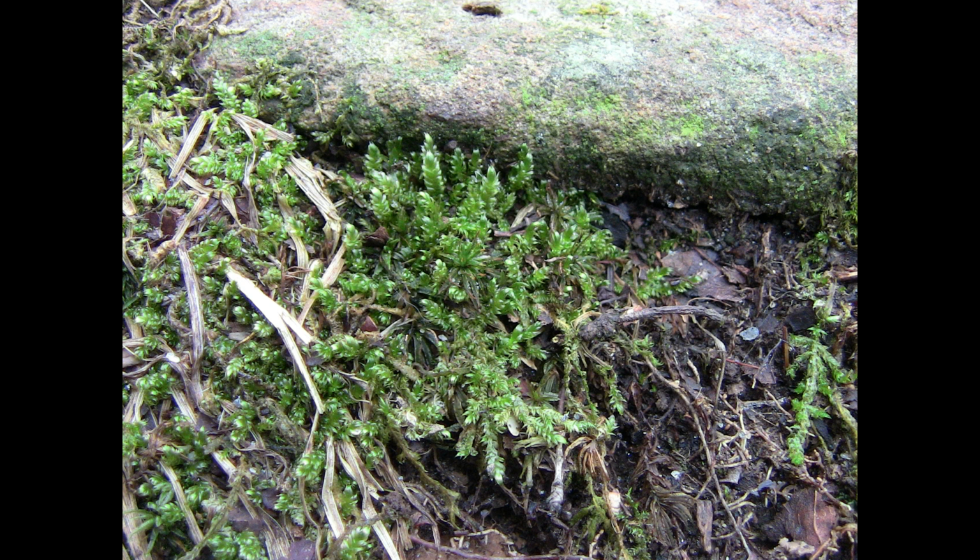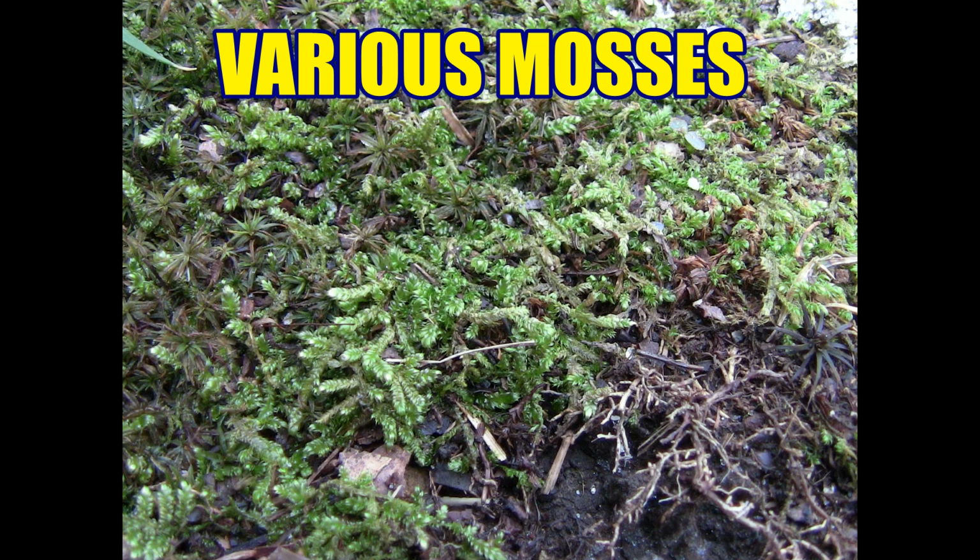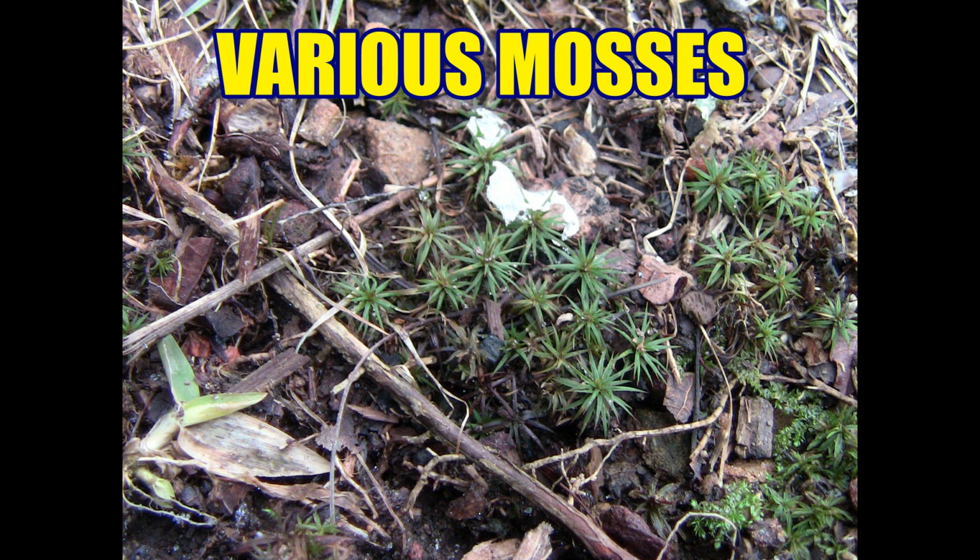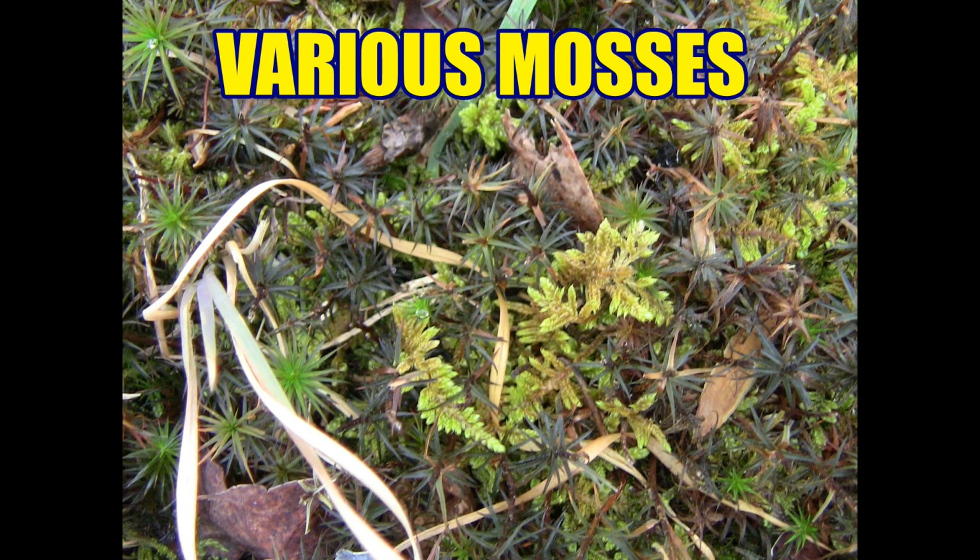And then we get into mosses. There are so many different mosses. And a lot of these come up really thick and heavy, so you've got to watch how you use them in putting down your scenery material. Or some of these you could just take little tiny tip growth off of them and use them. A lot of these do fall apart pretty readily when you're using them in your landscape or scenery.